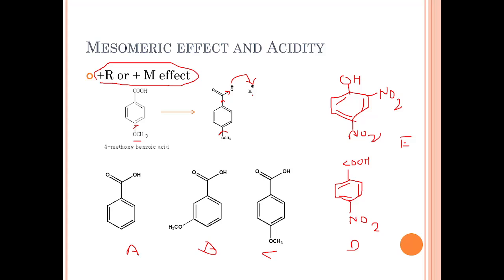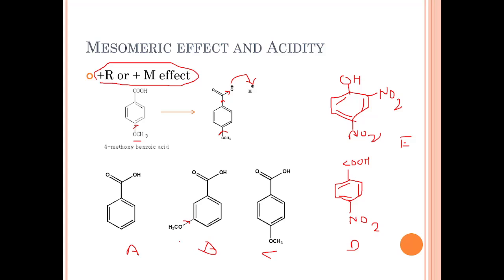So I have a question for you guys. Okay, I have A, B, C, D, and E. These are the five examples in front of you. So, this is a benzoic acid. There is no substitution over here, but I have some examples in which we have plus M effect and minus M effect.